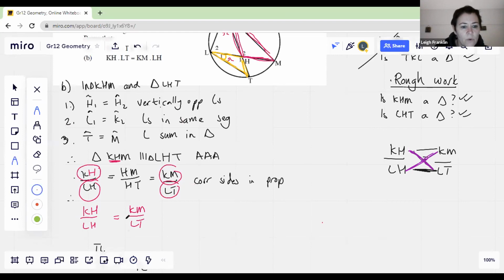And now they want us to cross multiply. So therefore KH times LT equals KM times LH. Okay. Does anybody have any questions?